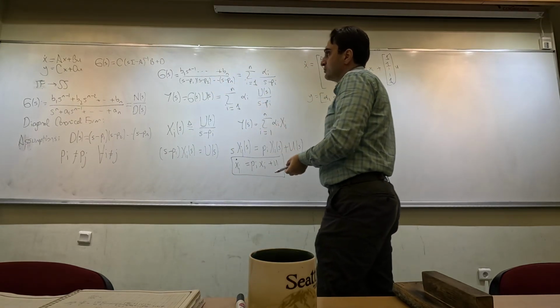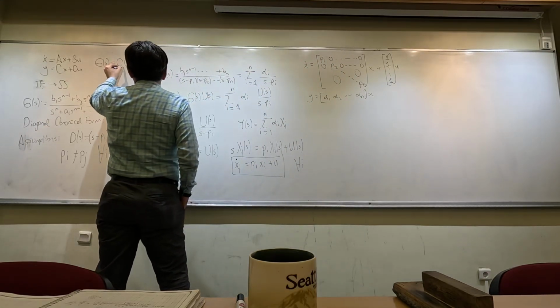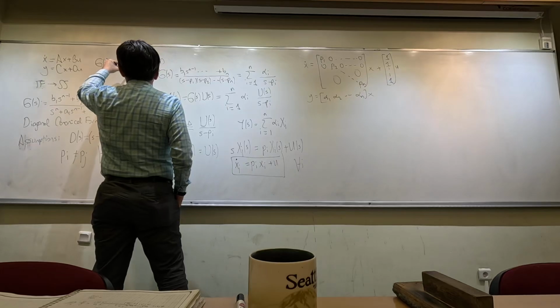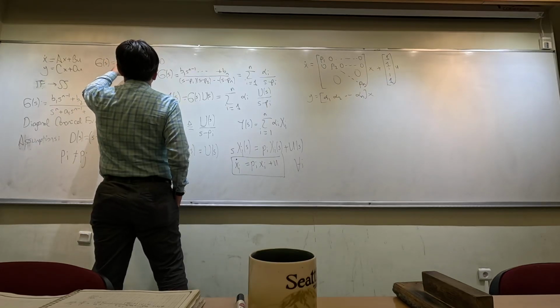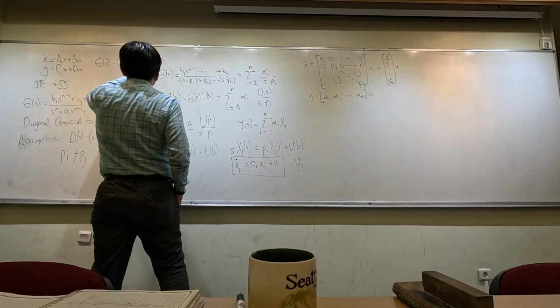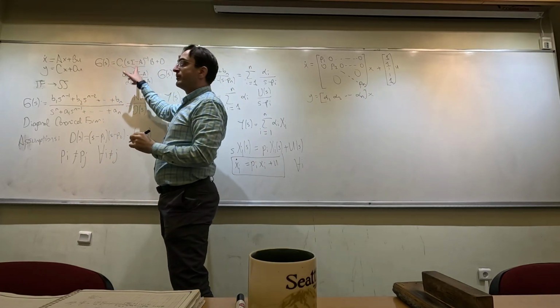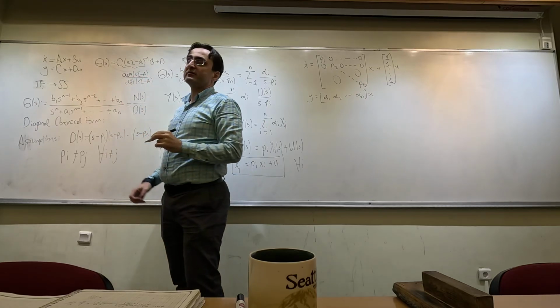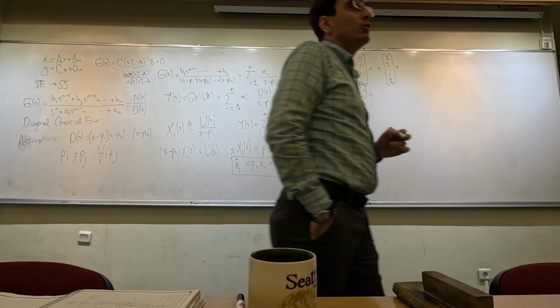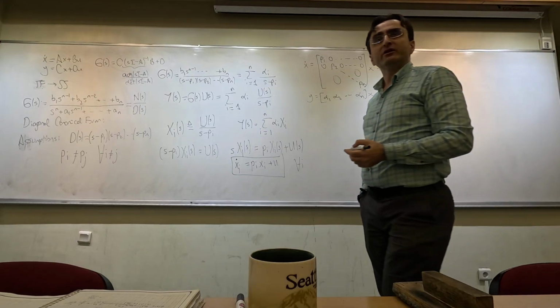That is what we have actually seen from this transfer function. Remember, instead of (sI minus A) inverse, we have written the adjugate of (sI minus A) divided by the determinant of (sI minus A). This showed us that in the denominator of this transfer function, I will have the determinant of (sI minus A), which is the characteristic polynomial of the matrix A, meaning that the poles of the system are always the eigenvalues of the matrix A.